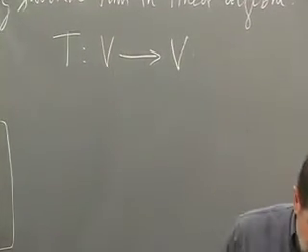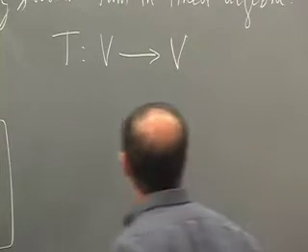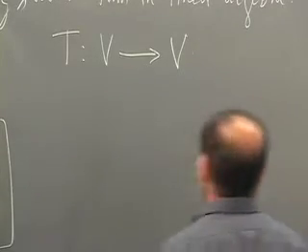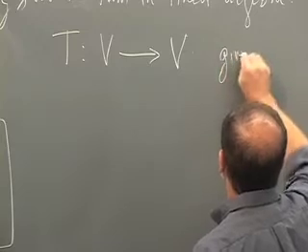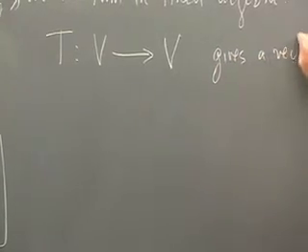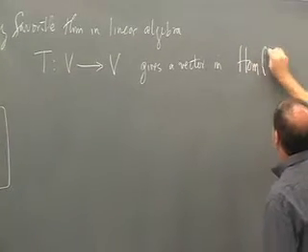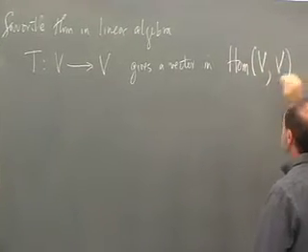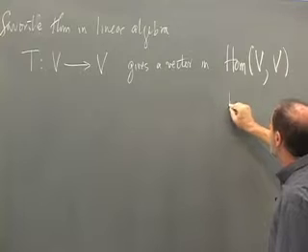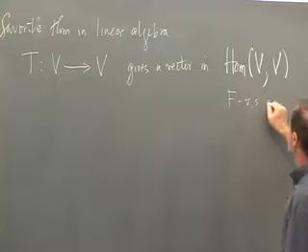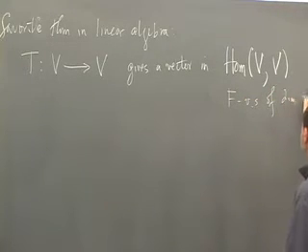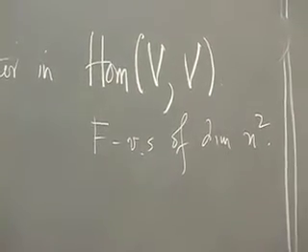And consider it as a vector in the vector space of all linear maps from V to V, which is a vector space over F of dimension n squared, where V has dimension n.